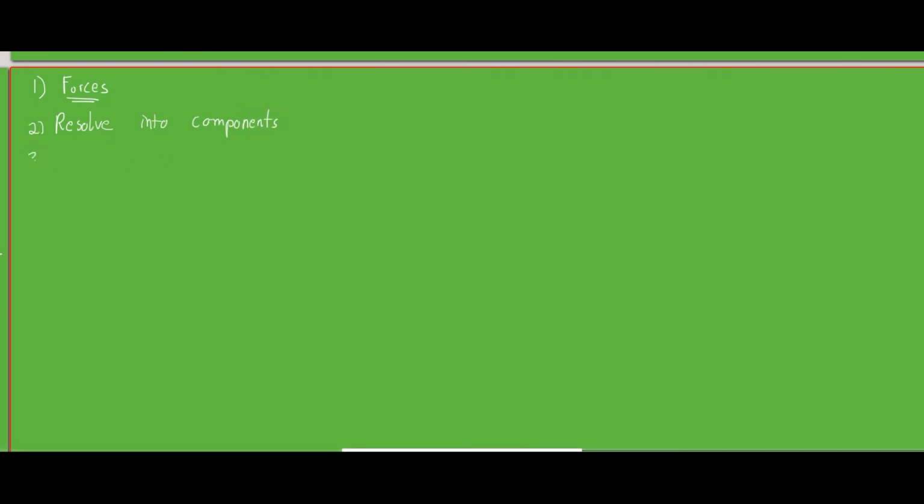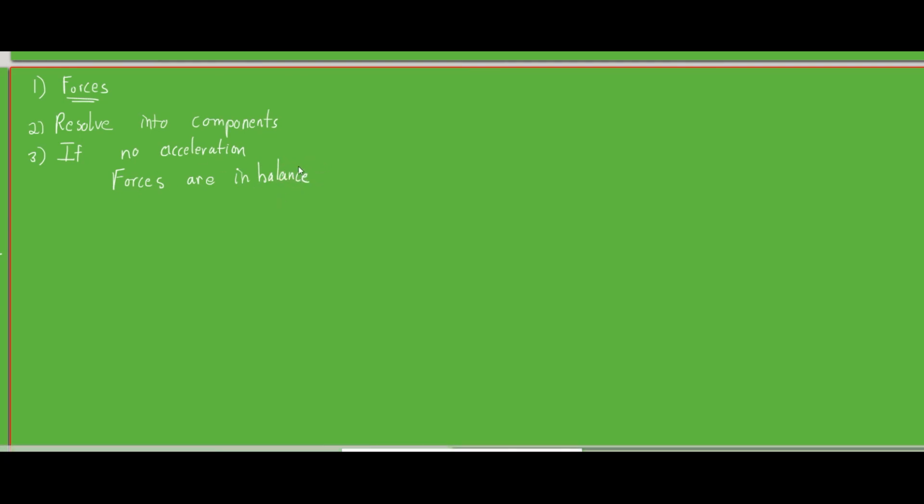Okay. Third one, you will use the information on whether they are moving or accelerating, in the vertical or horizontal. So if no acceleration, then forces are in balance. This works the other way also.